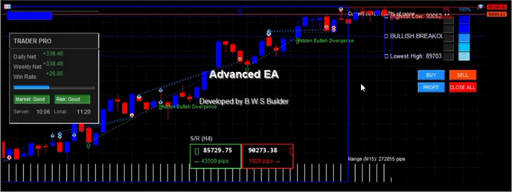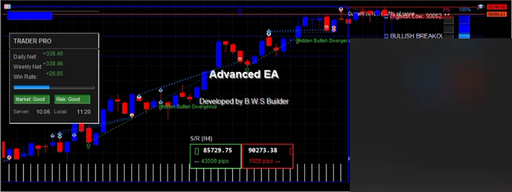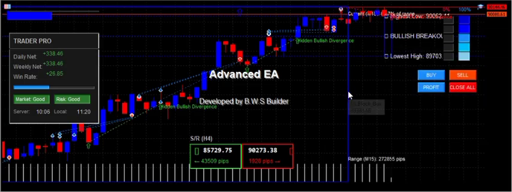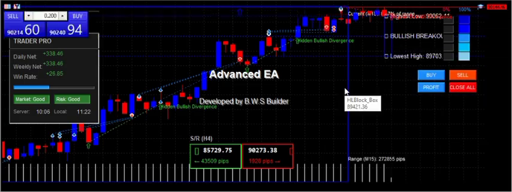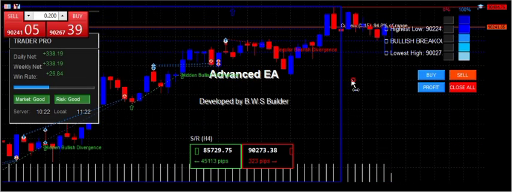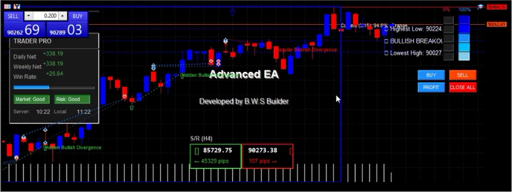Now here also, this is a breakout box. On this breakout, the EA will be able to tell us the highest high and the lowest high of the market. That is one thing about this.